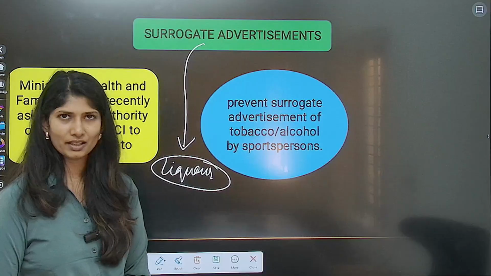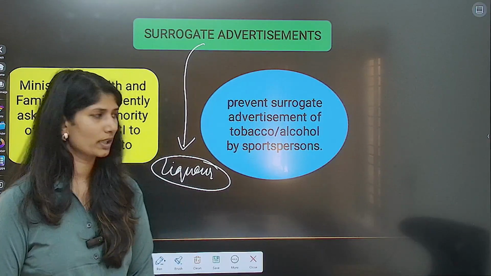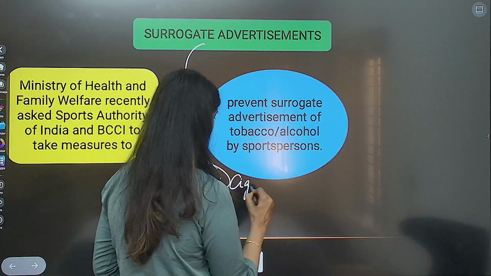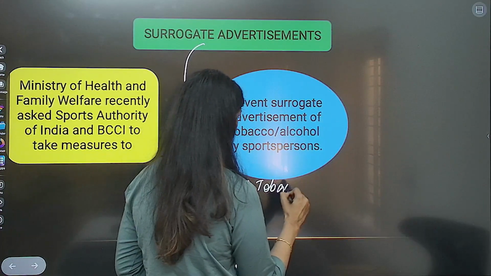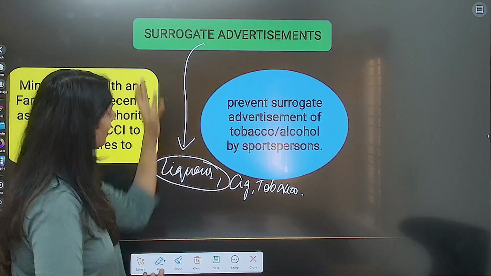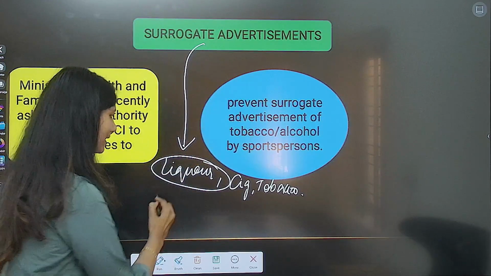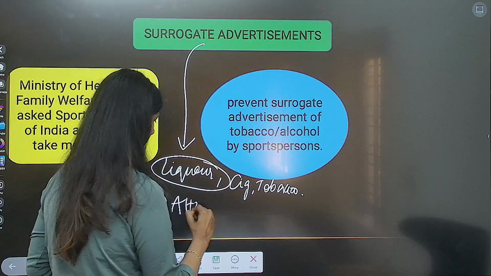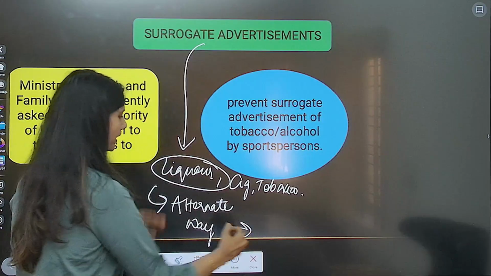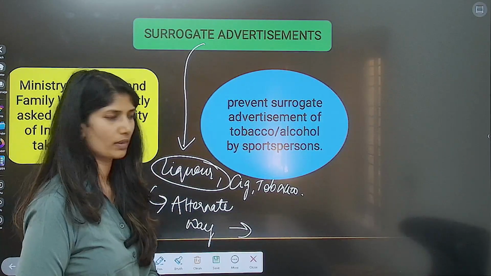But in India, there is a ban. You cannot advertise liquor, alcohol, cigarettes, tobacco. Okay. So what I do is, I find a surrogate, that is an alternate way to endorse my product. How?